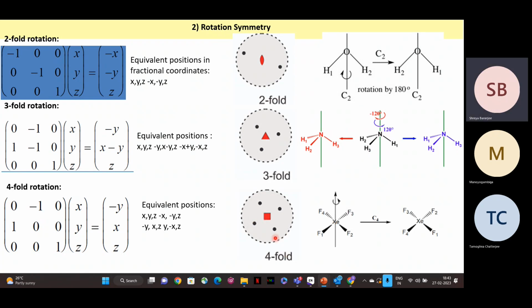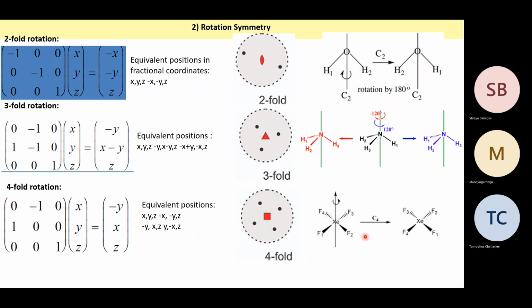Now, if you have a square arrangement like this, and the axis passes through the middle, then if you rotate the points by 90 degrees, the structure remains unchanged. That is called a four-fold rotational axis. An example of the four-fold rotational axis is found in xenon tetrafluoride.